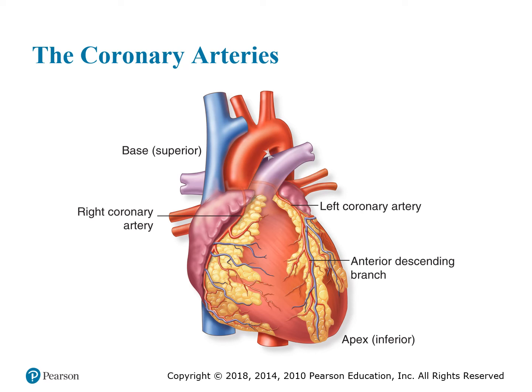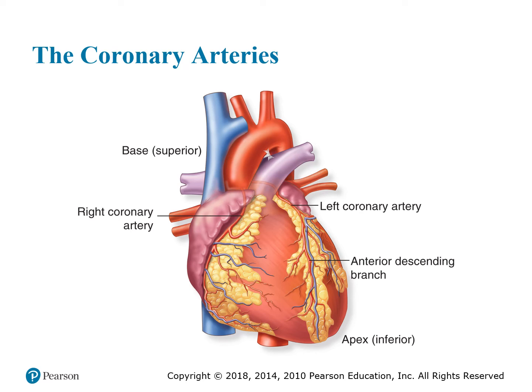Now, with our coronary arteries, please understand this. With the aorta, remember we leave the left ventricle, go up through the aortic semilunar valve into the aorta. Now, these coronary arteries branch off of that first starting point of the aorta. Why? Because the heart is selfish and it wants that oxygen first.